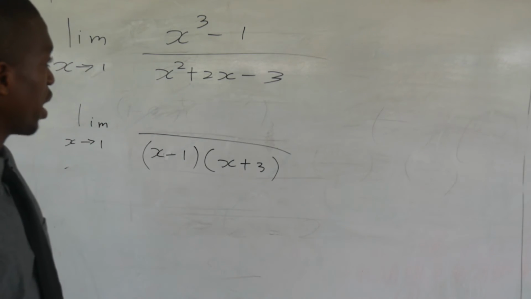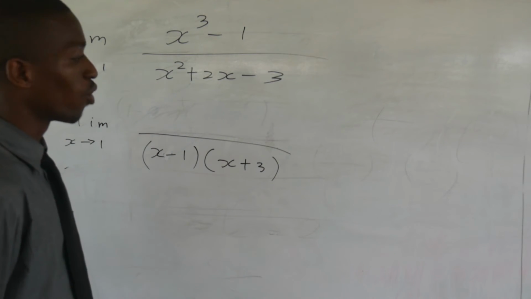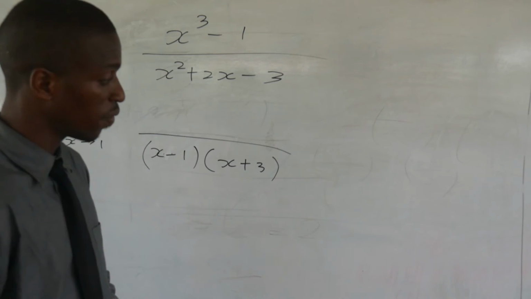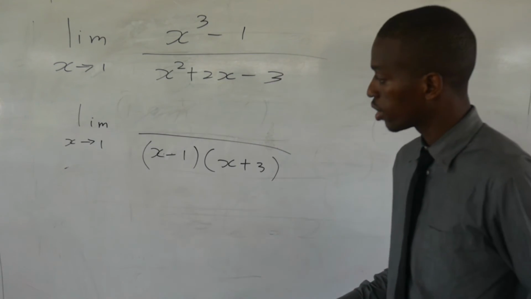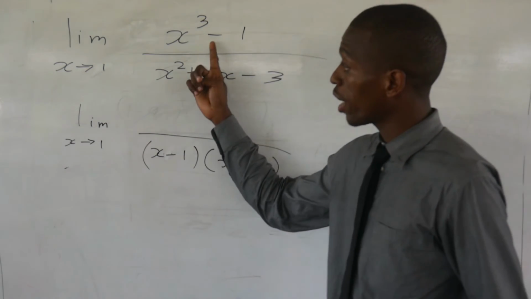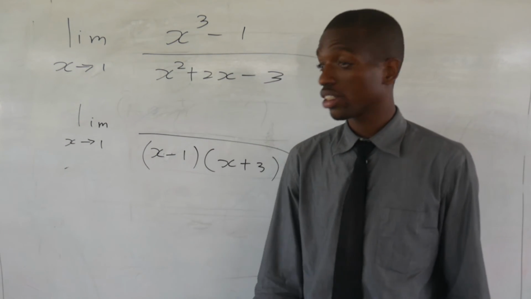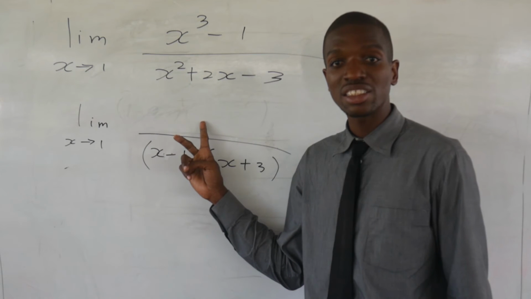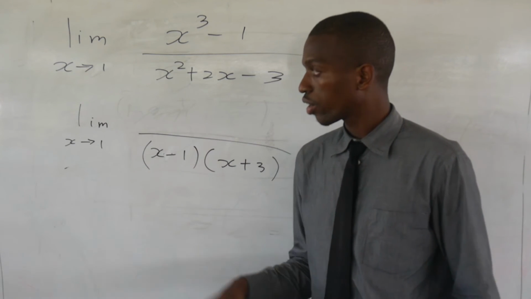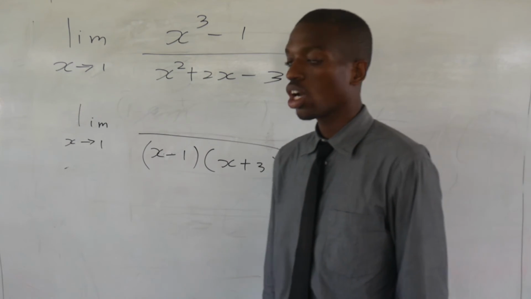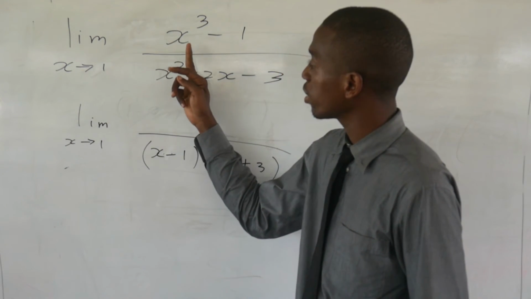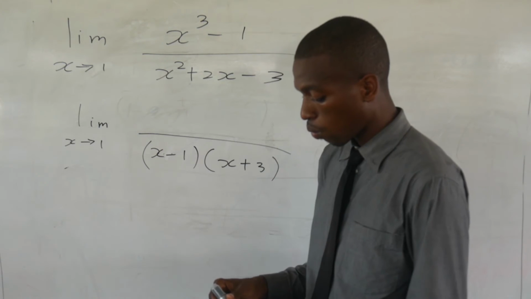I could just tell you the answer, but what would you do on your own in a case like this? You know you want to take x minus 1 out of it because you want x minus 1 to cancel the x minus 1 here. So when you factor out x minus 1 out of x cubed minus 1, what do you get?